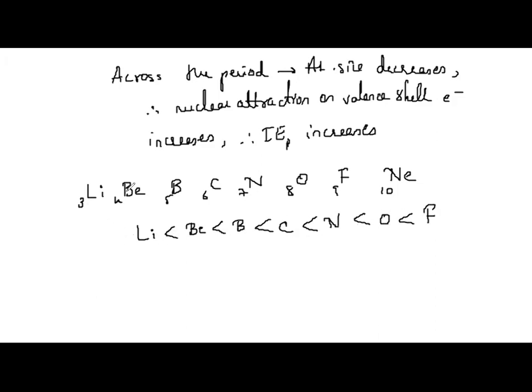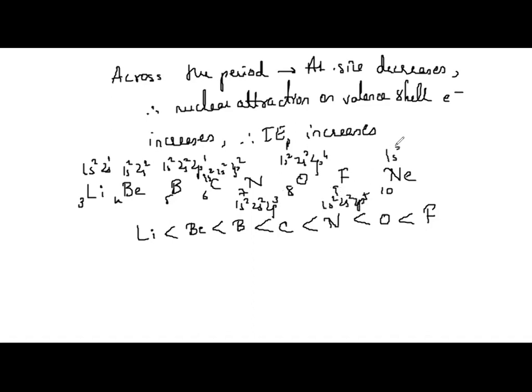But if you observe the configurations of all these elements, this is 1s2 2s1, 1s2 2s2, 1s2 2s2 2p1, 1s2 2s2 2p2, 1s2 2s2 2p3, 1s2 2s2 2p4, 1s2 2s2 2p5, 1s2 2s2 2p6.